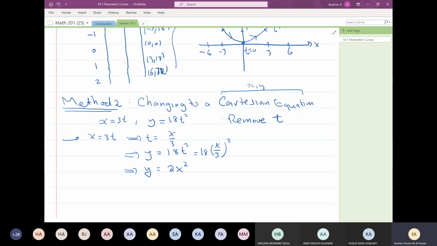What is the graph of this equation? A parabola. A familiar graph. So this is one of the advantages. When you change to a Cartesian equation, usually you will get a familiar curve. This is a parabola.